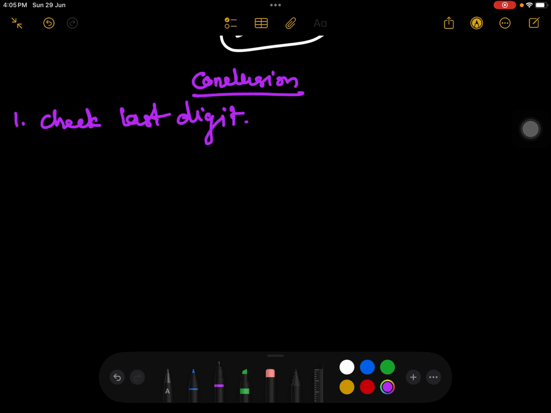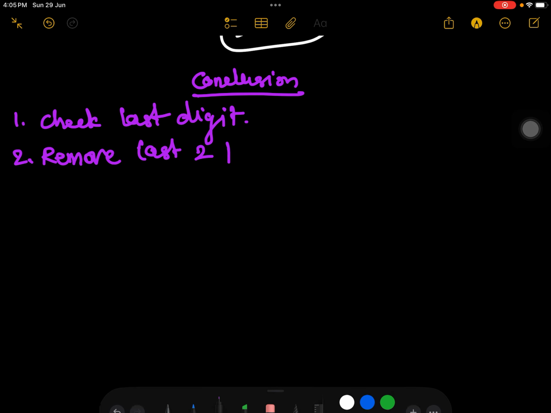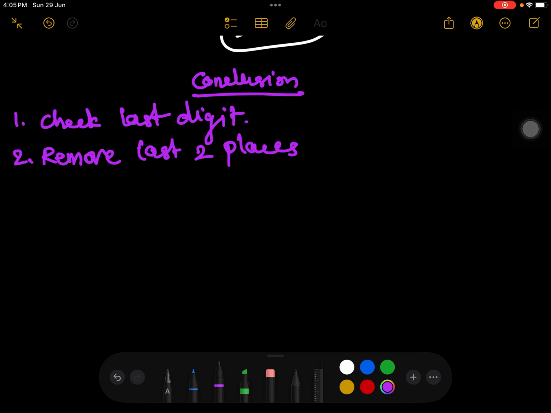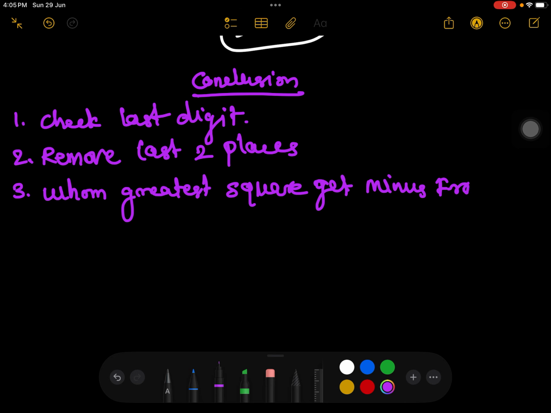Then remove the last two places. From the remaining number, subtract the greatest square and write down that number.